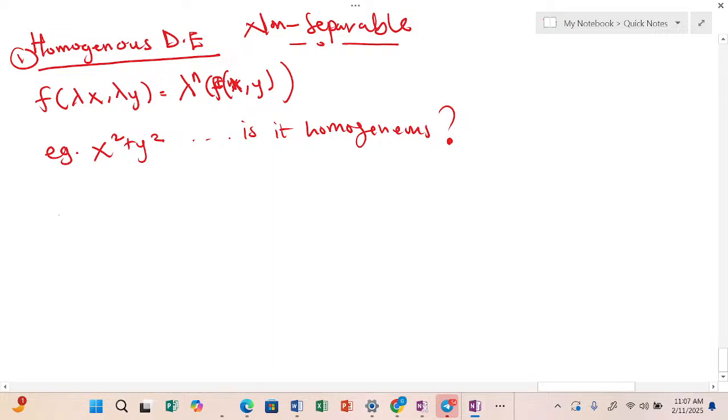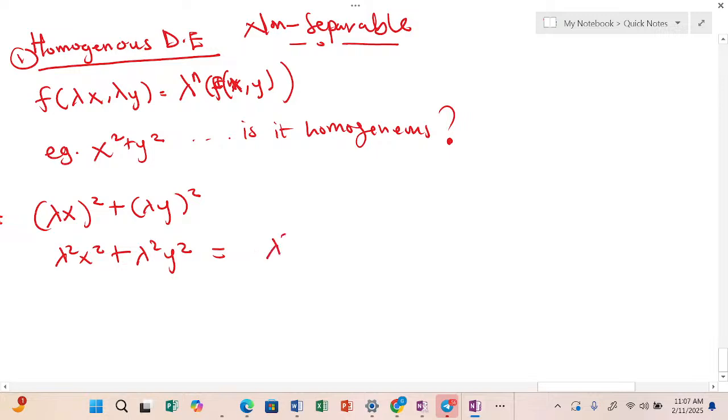So we have it as lambda x squared plus lambda y squared. And what do we get for this? We get lambda squared x squared plus lambda squared y squared. And you could clearly see that this can be written as lambda squared times (x squared plus y squared). That's when we factorize the lambda squared out.